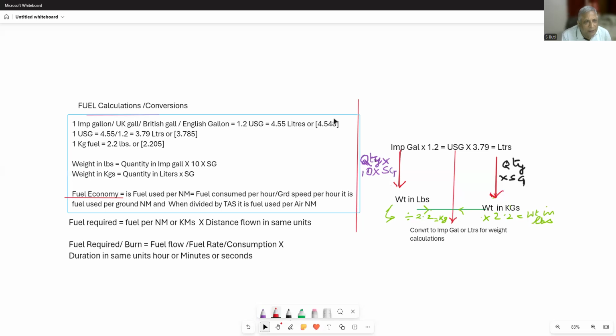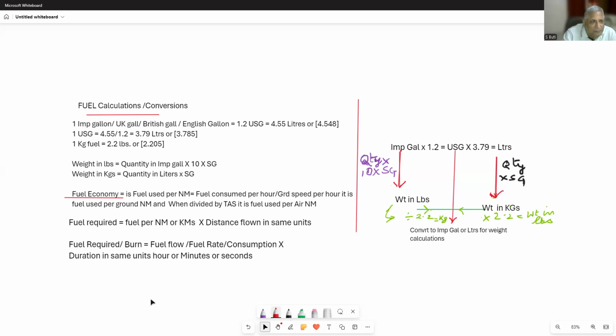Tell him the unit which he is using, how many gallons you require. Or if he asks you how many kgs, tell him how many kgs you require. Don't give him your own unit and confuse that poor gentleman. So better for us to know it, for your own good, and let's see how to do it.